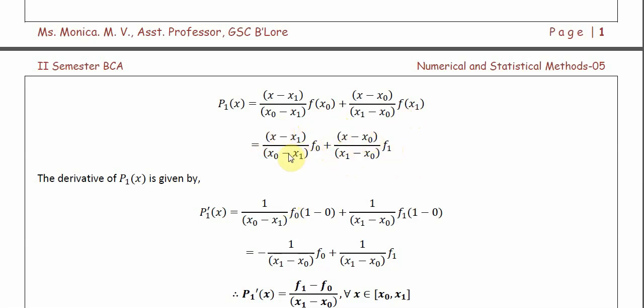Therefore, we shall keep the constant separate, that is 1 by x0 minus x1 into f0, and differentiate this x minus x1. The differentiation of x is 1, and because this is a number, it is a constant, this is going to be 0. Same way here, plus f1 by x1 minus x0, differentiation of x minus x0 is going to be 1 minus, this is a constant, so it is 0.